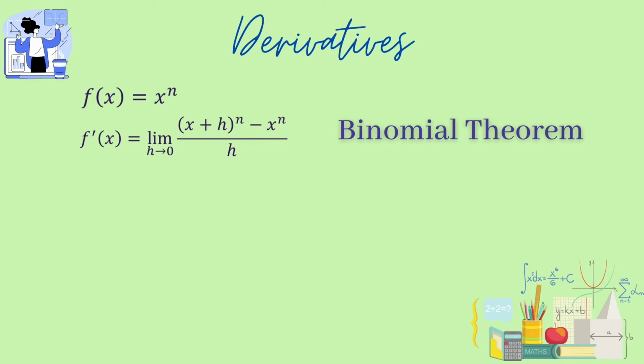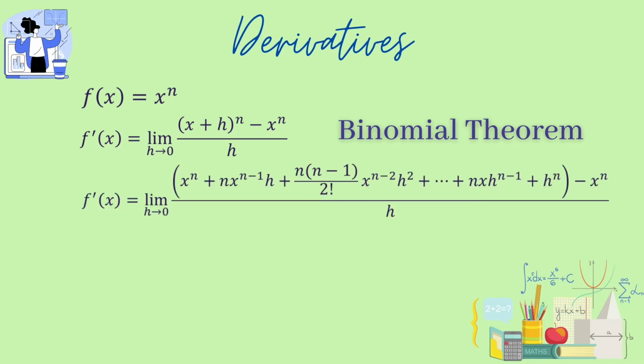You may refer to your trigonometry and analytic geometry or pre-calculus book for the formula. Applying the binomial theorem, x plus h raised to n is expanded into a polynomial with n plus 1 terms with x to the n as the first term and h to the n as the last term.